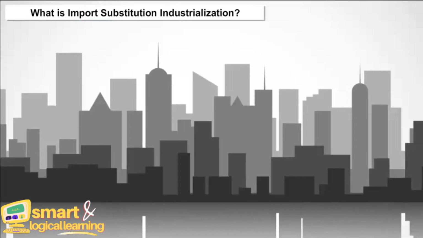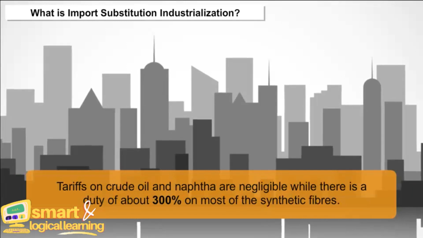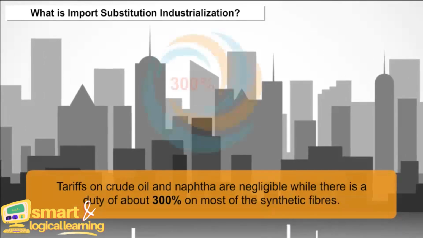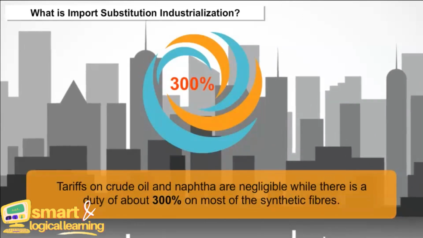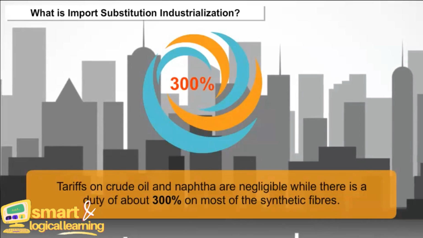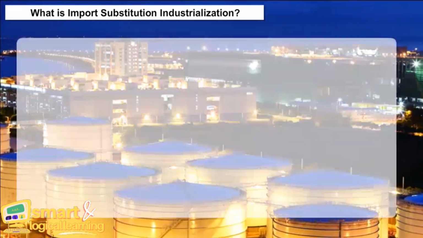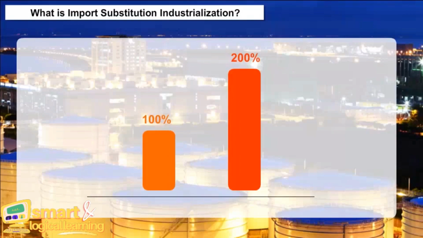For example, in India, the tariffs on crude oil and naphtha are negligible, while there is a duty of about 300% on most of the synthetic fibers. The duty on basic intermediates for producing these products varies between 100% to 200%.